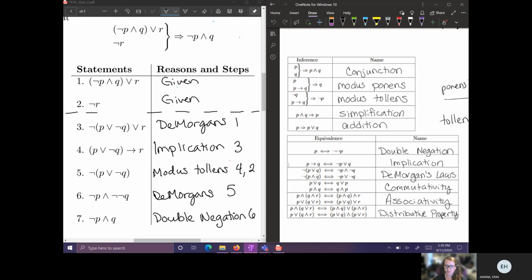Hopefully that helps a bit with these types of questions. Of course, doing full proofs is a bit more complicated because you don't necessarily know where you're trying to go. But hopefully for these ones from 1.2, where we're just filling out the reasons and the steps, it's helped to make that a bit easier to understand.